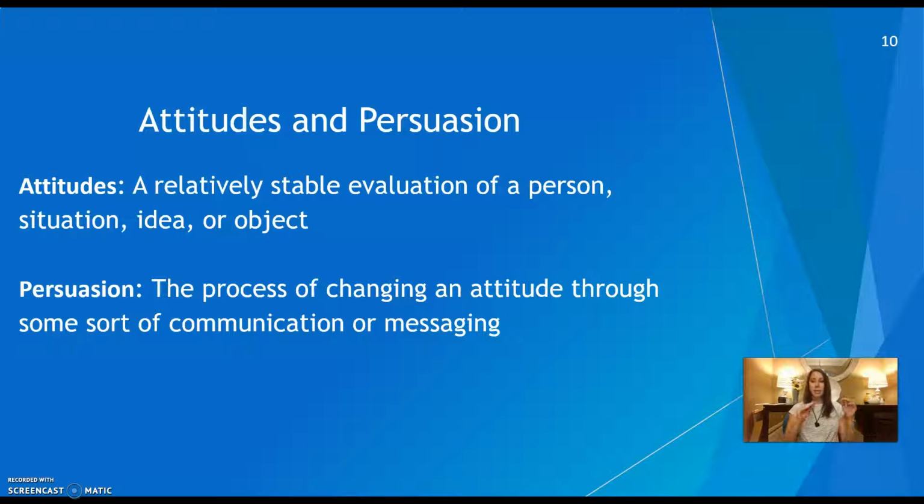And this has 3 distinct layers to it that we're going to get into in just a minute. A persuasion is the process of changing someone's attitude. And this will come through some sort of communication or messaging. So the attitude is the evaluation, and the persuasion is the process of trying to change an attitude.